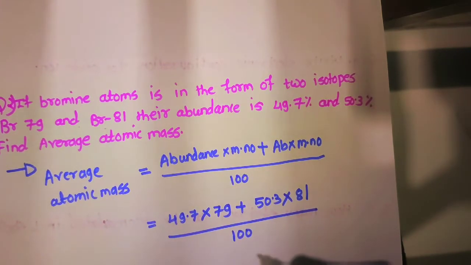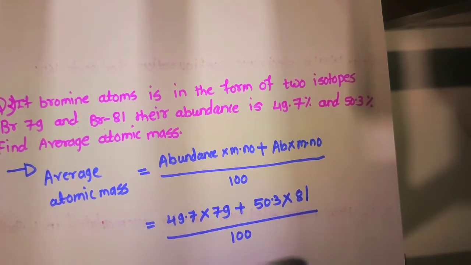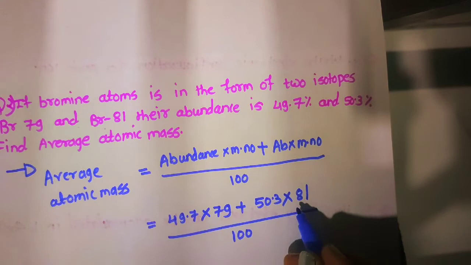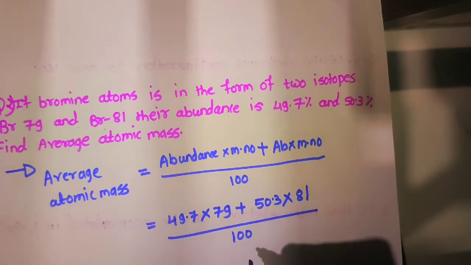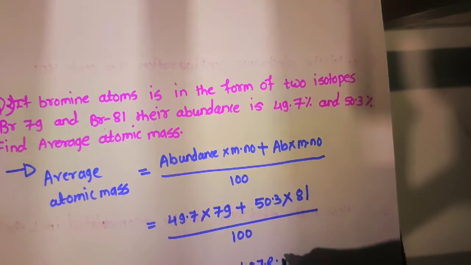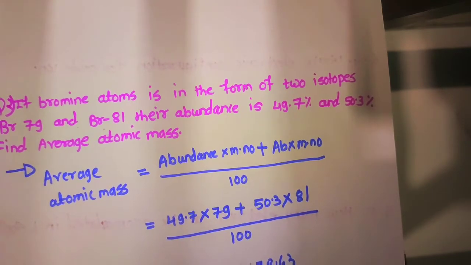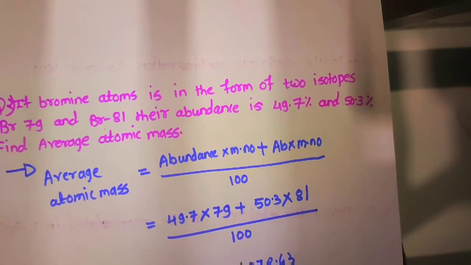When you multiply 49.7 into 79, you will have the value 3926.3, and when you multiply 50.3 into 81, you will have the value 4074.3. Adding and dividing by 100, finally you will have the answer 80.06 AMU.